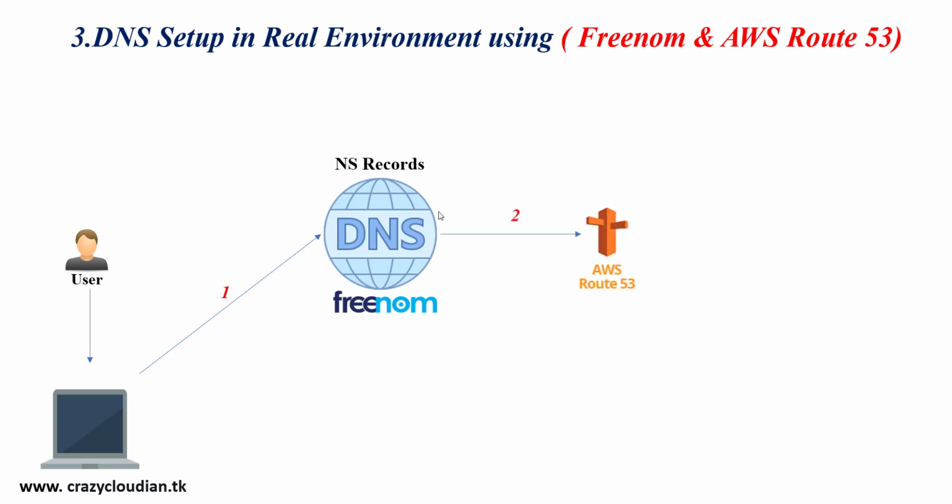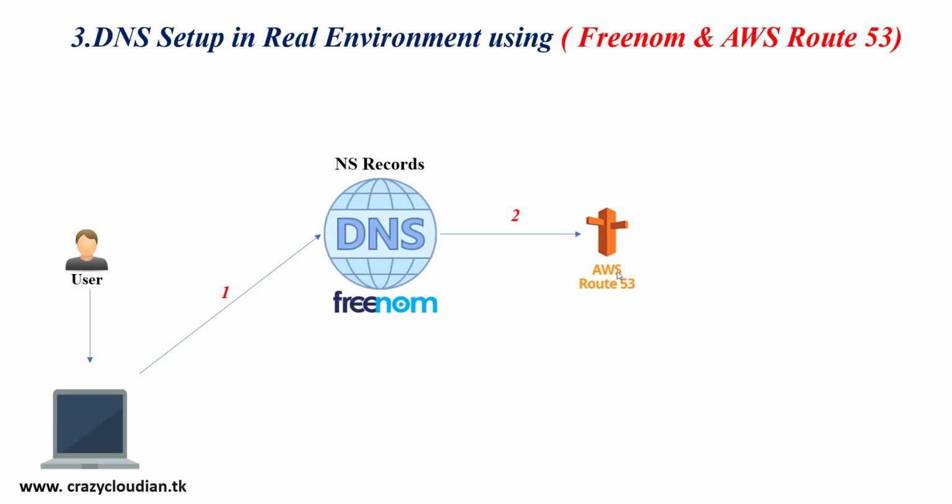And then we are going to use the service of Route 53. I'm going to register my domain as a public hosted zone in AWS Route 53. When I register my domain in Route 53 as a public hosted zone, it will give me four different name server records.